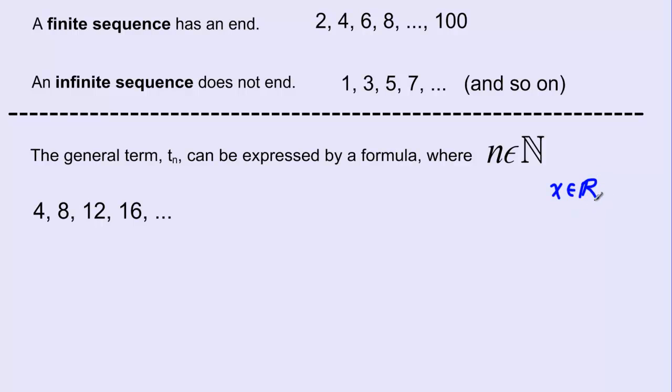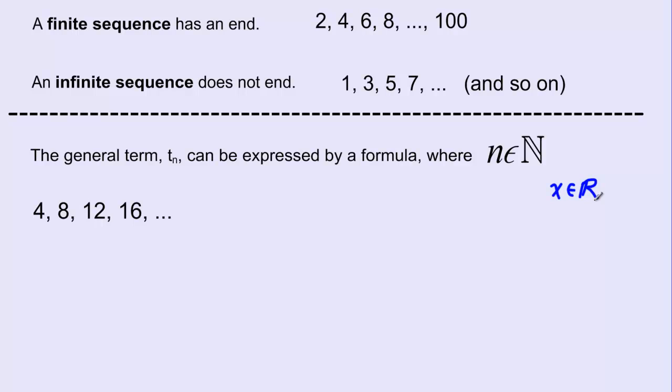Well, that's the script version of writing the R for the real number system. Well, n is just the natural numbers, and the natural numbers are all positive numbers, no decimals, only whole numbers, from 1 to infinity. So 1, 2, 3, and so on until infinity. So n has to be one of those numbers.